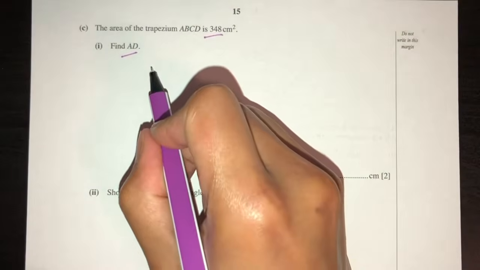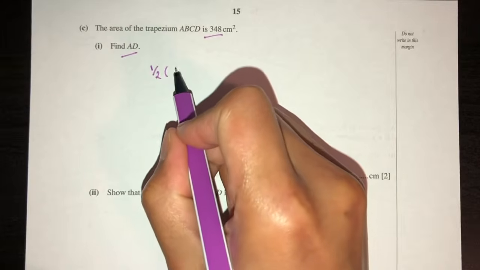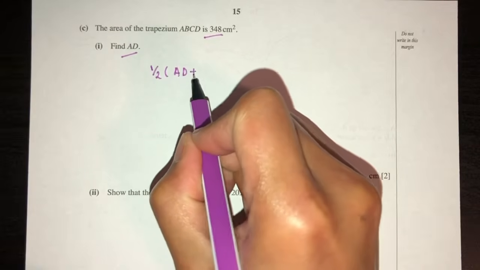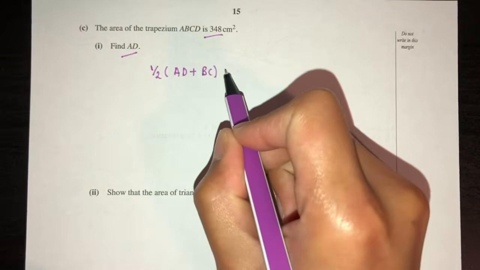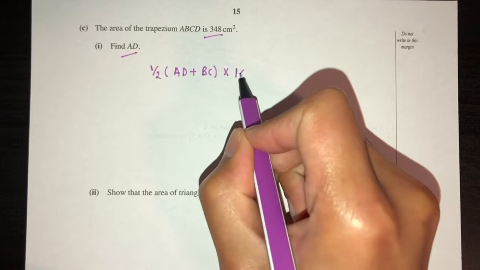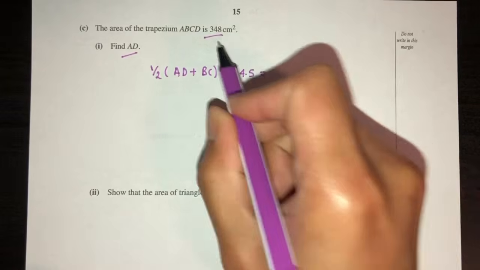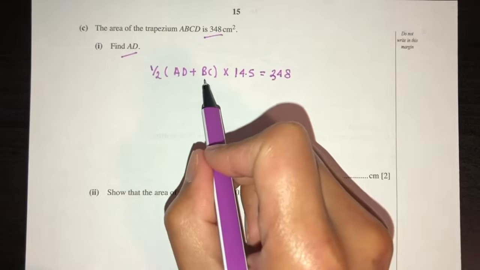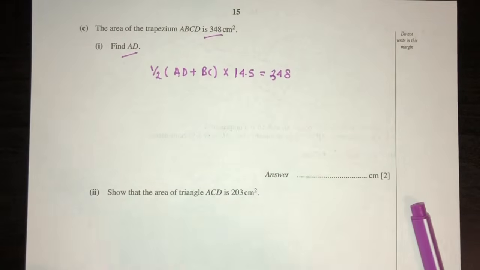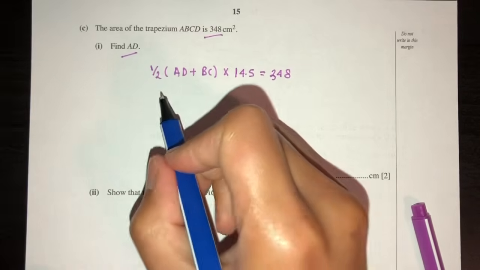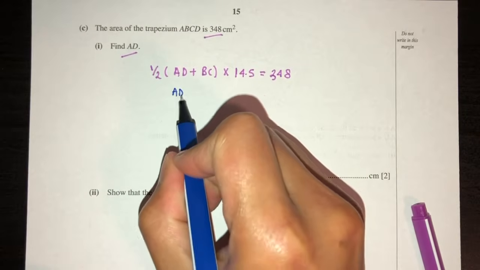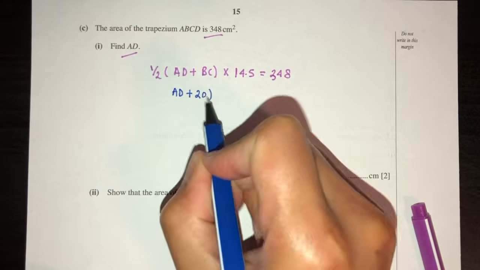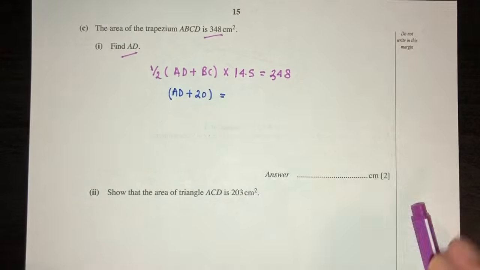So half of AD plus BC times 14.5 is this value for the area of the trapezium. We know BC has been given to us as 20. So half of AD plus 20 is equal to this area.